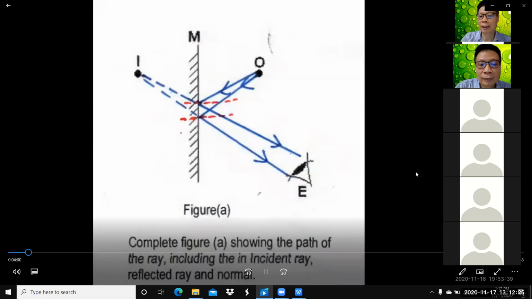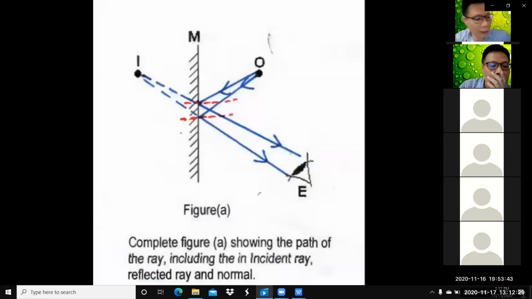Done or not, everyone? Sao Kang, can you hear me? Okay. Vivian, can you hear me? Yes, sir. Have you finished the diagram, Vivian? Done. Okay, good.